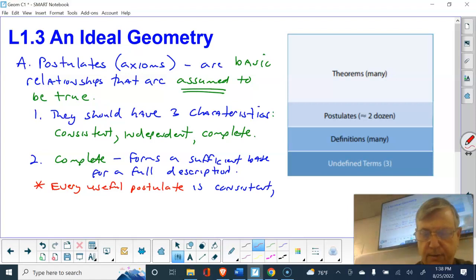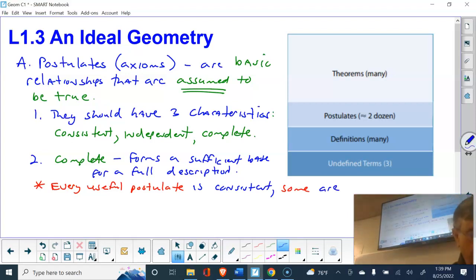Go back to red for one word. Some, and then back to blue, are independent.